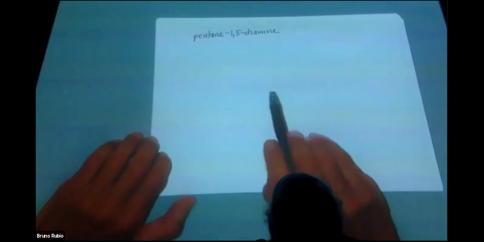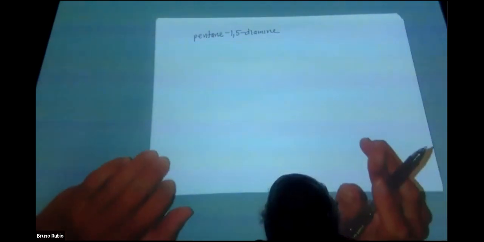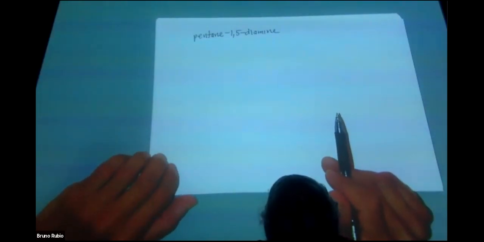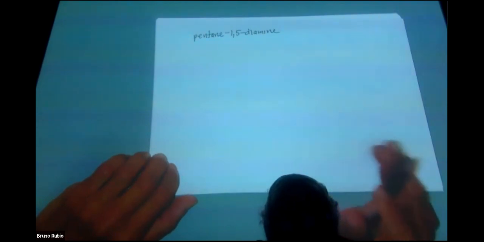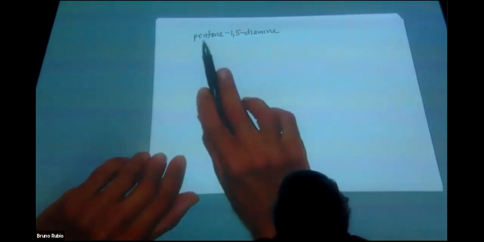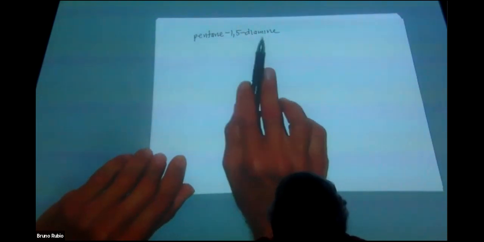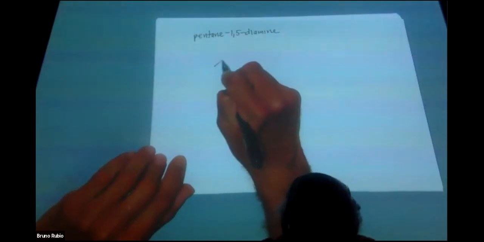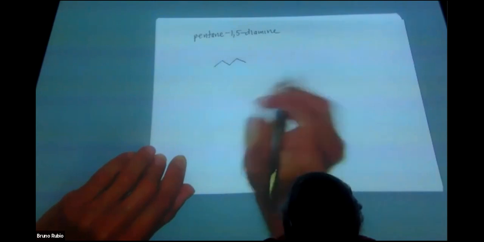Okay, so what's the parent? Anybody out there? What's the parent? It's going to be 5 carbons, right? Pent, that's the last occurrence in the name of a parent syllable. It's a chain.